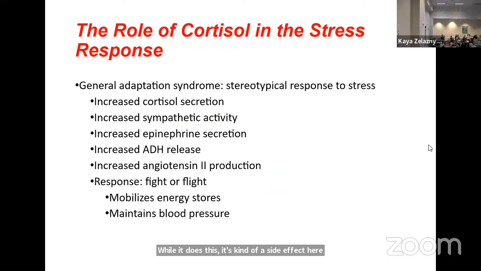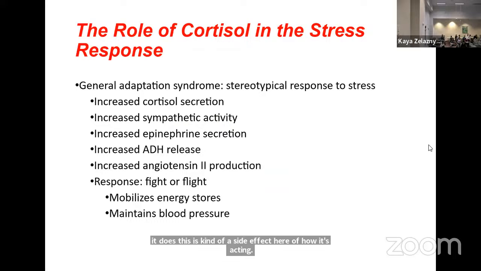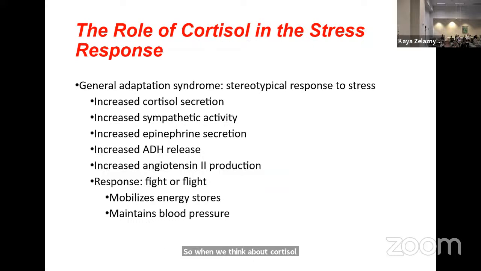So when we think about cortisol and the stress response, we'll think about something called general adaptation syndrome. This is like a stereotypical kind of pathway that happens when we see stress in the body. When you're stressed out, a bunch of things are happening at once.